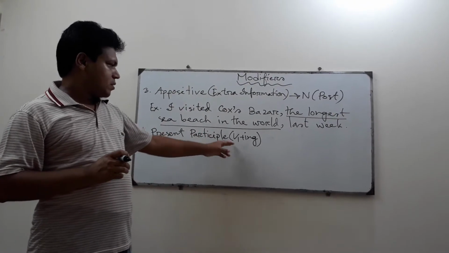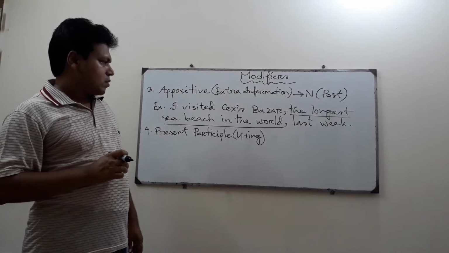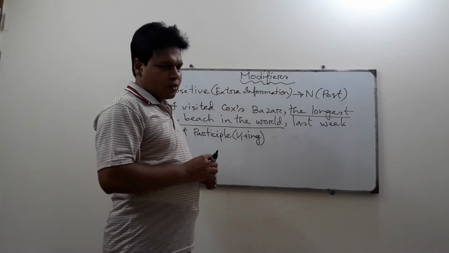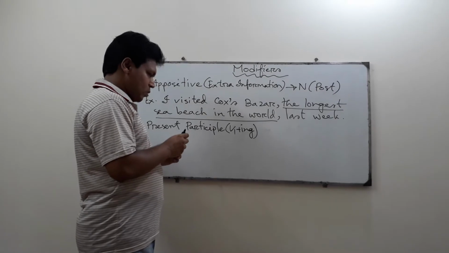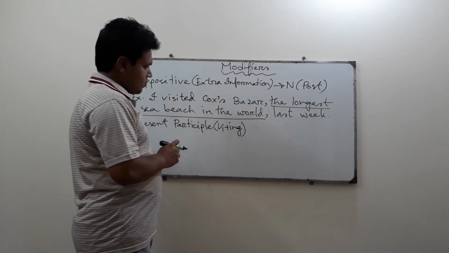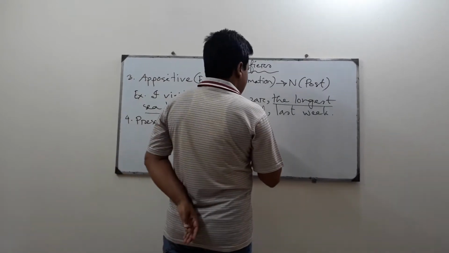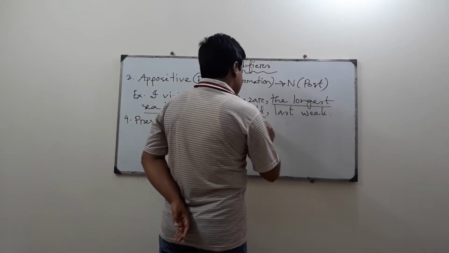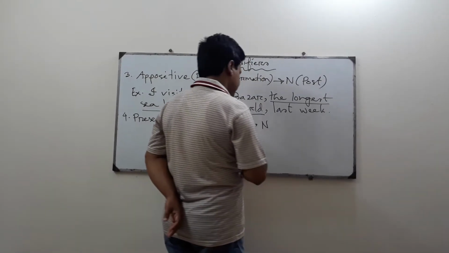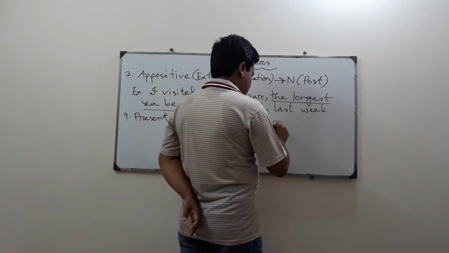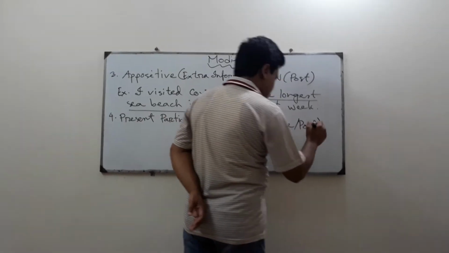And present participle is V1 plus ing, or the form of participle which takes ing towards the end of the base form of verb, and it modifies a noun or pronoun, and it may be a pre-modifier or a post-modifier.